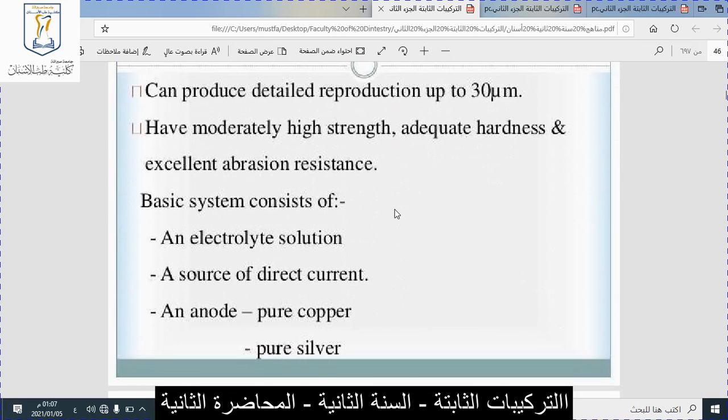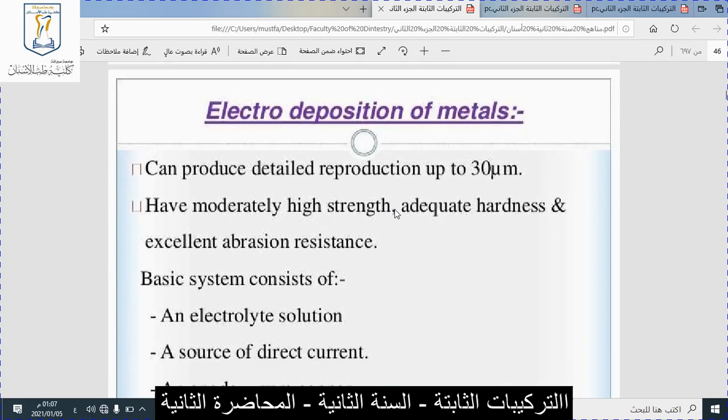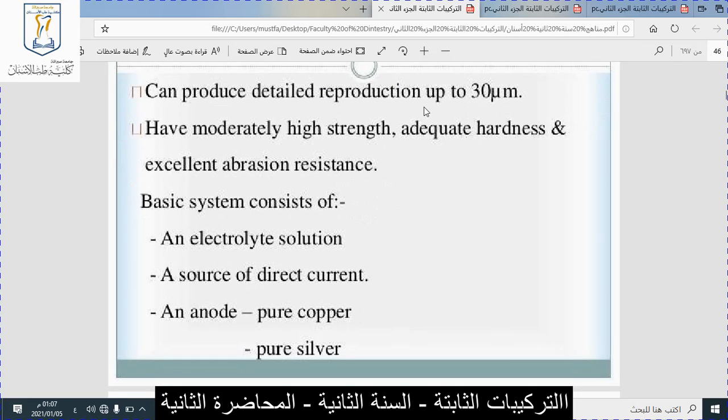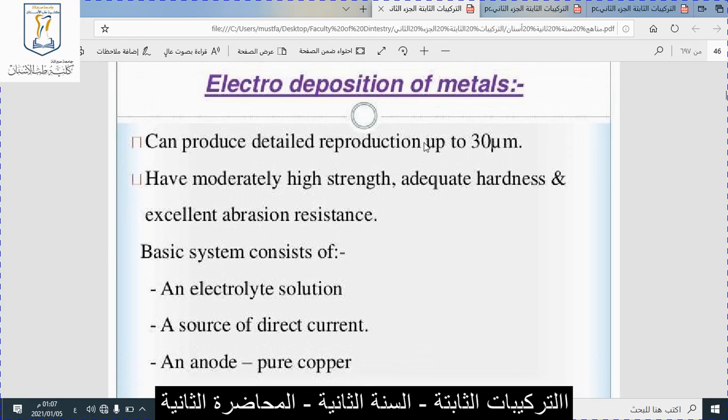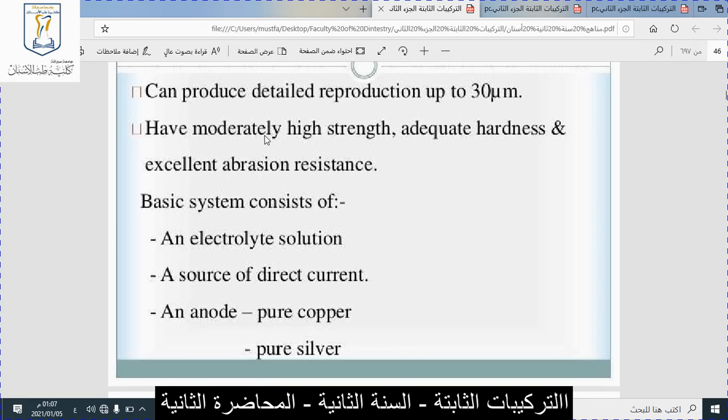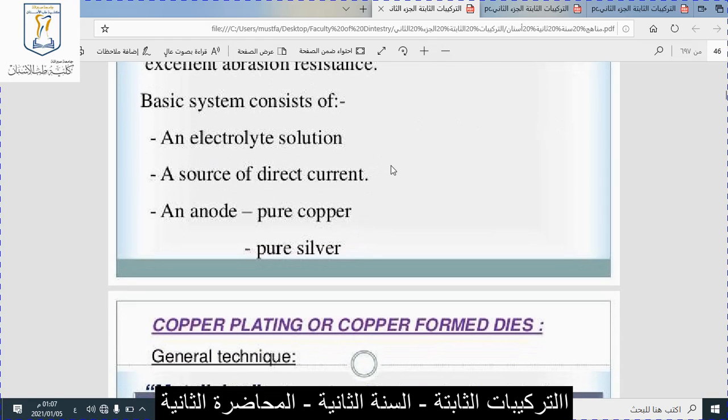Electrodeposited dye: this is an electroplated dye. It is made by coating the surface of the impression with either silver plating or copper plating, with an electrolytic solution and electrical current.